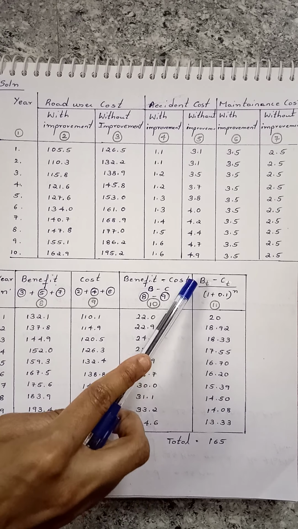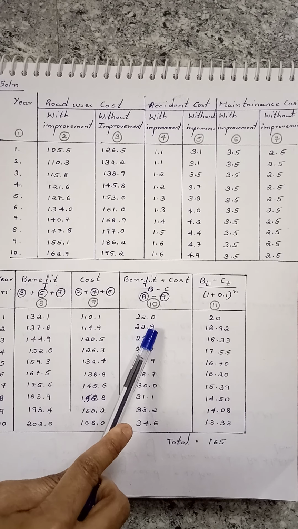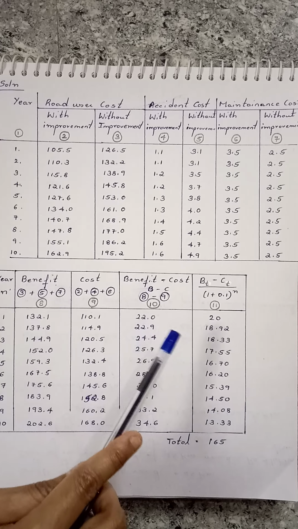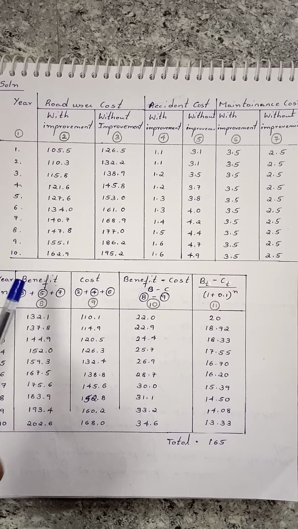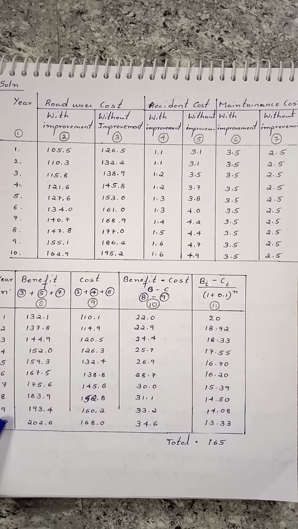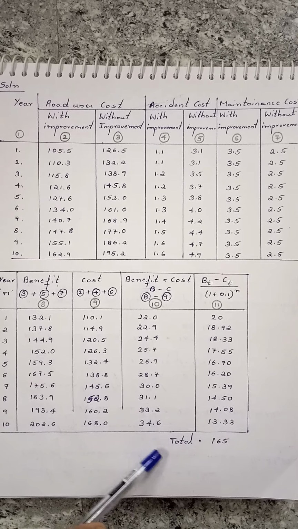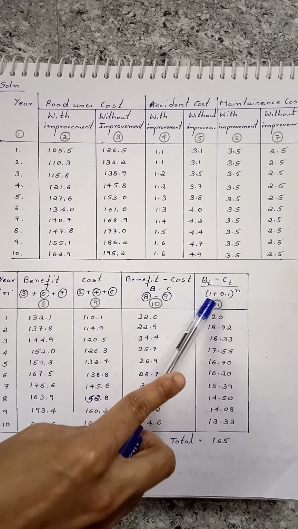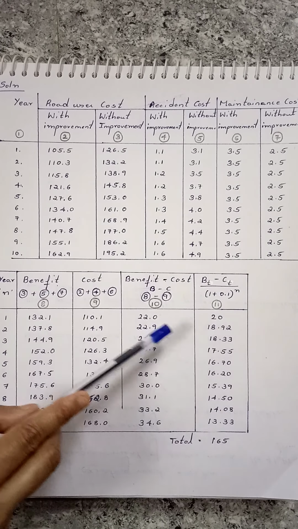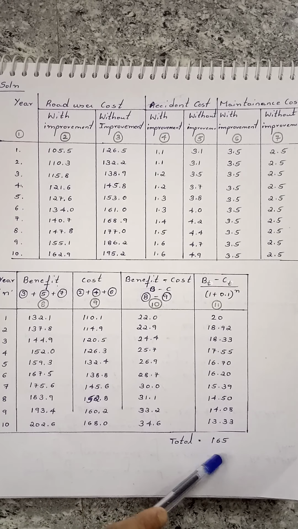Similarly, for year 2, it will be 22.9 divided by (1 plus 0.1) whole raised to 2. Similarly, you calculate for all the years. Once you calculate for n number of years, you add all the values of (Bt minus Ct) divided by (1 plus 0.1) whole raised to n, and you will get 165 in this problem.